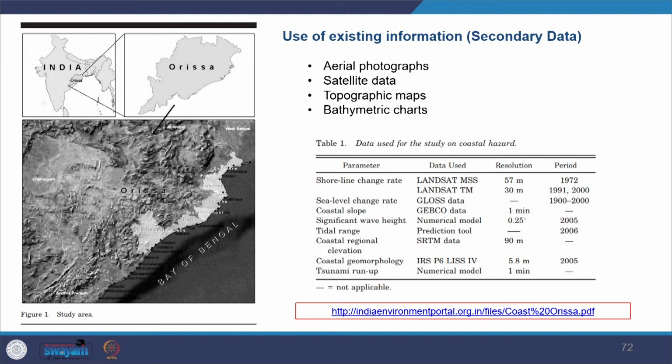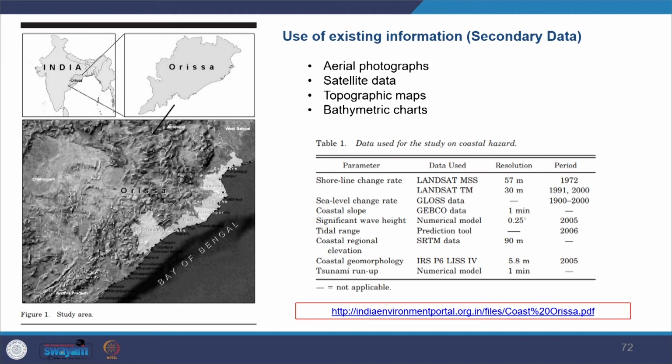And you also need to have topographic maps, and bathymetric charts have to be prepared. All of these provide key information on the current and the historic morphology of the coast, and they allow you to identify what's really happening, so you can see what kind of trend is happening and what you can project and predict.